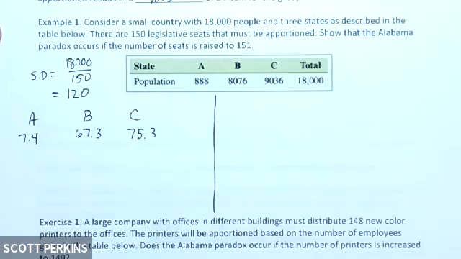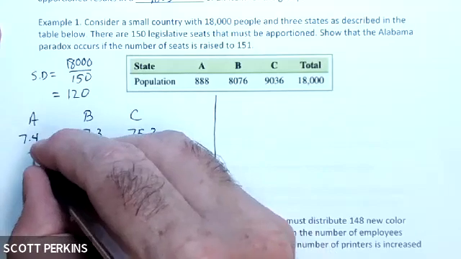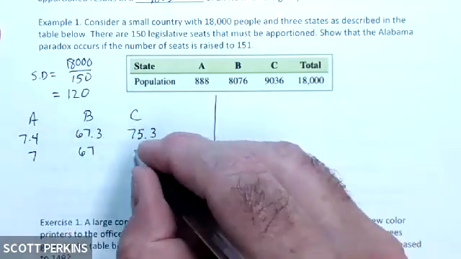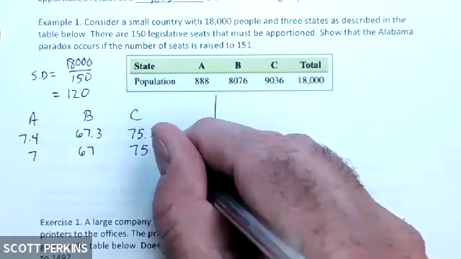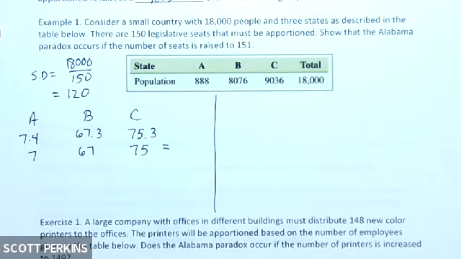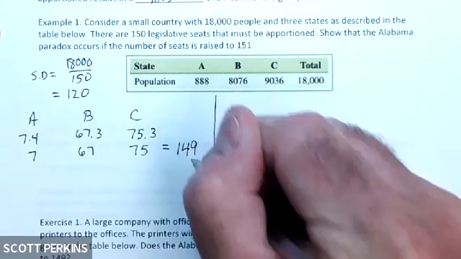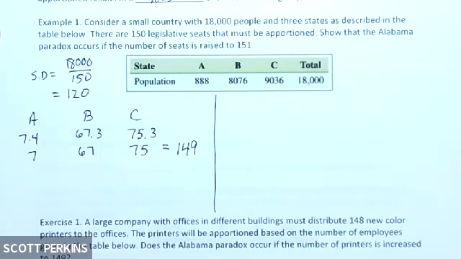Hamilton said, go ahead and truncate those. So 7, 67, 75. That adds up to 149. So that means I have one more representative to distribute.